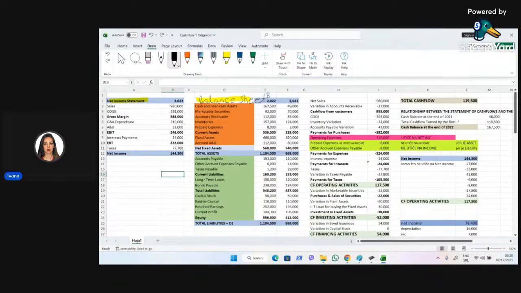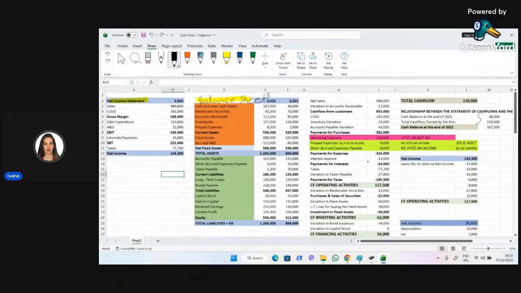So cash balance at the end of previous year, 48,000. Total cash turned by the firm for this year, because it's in a positive state, it's plus. Okay, and cash balance at the end of 2020.